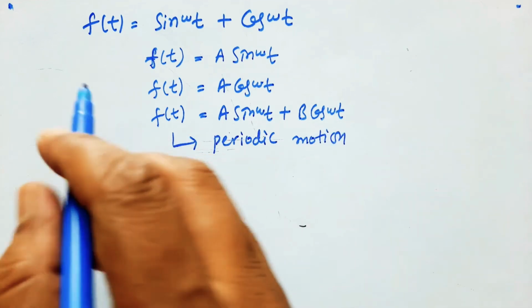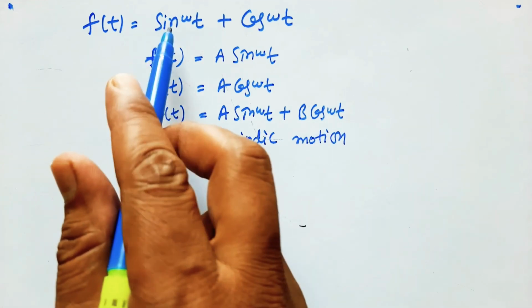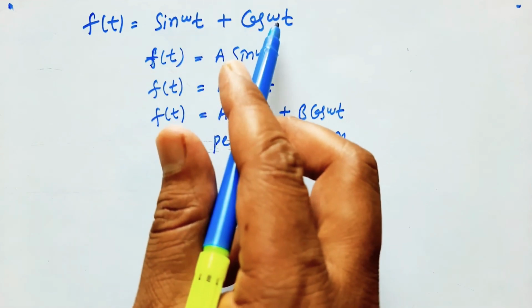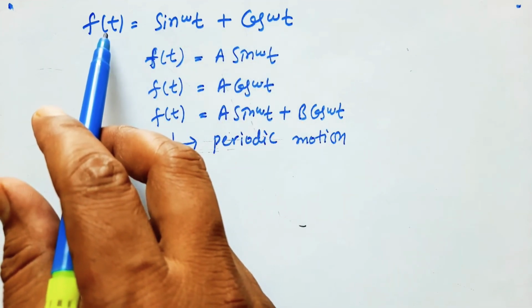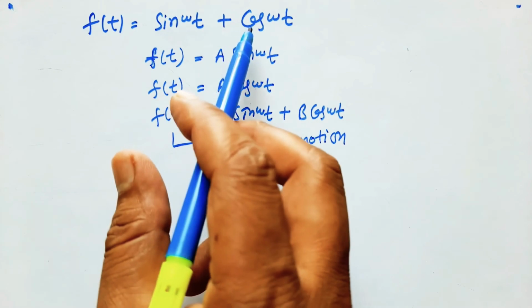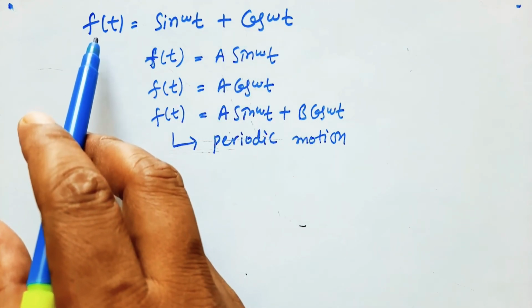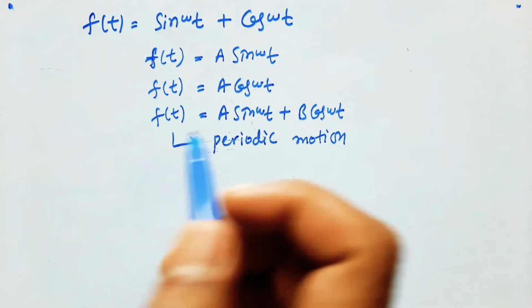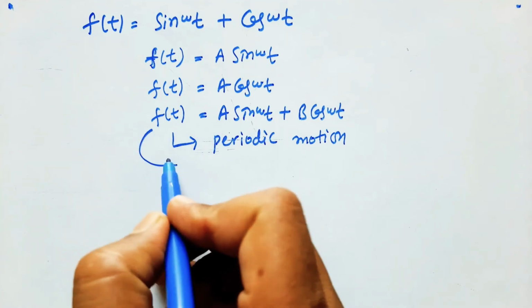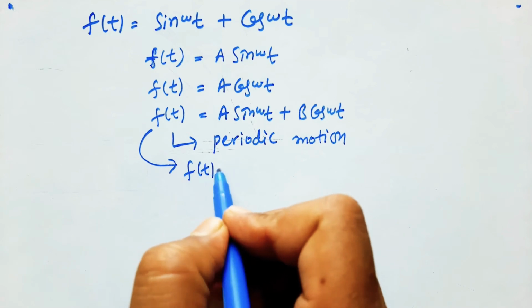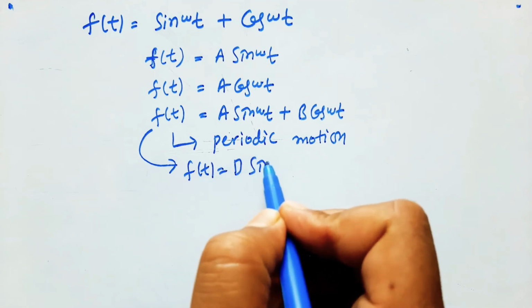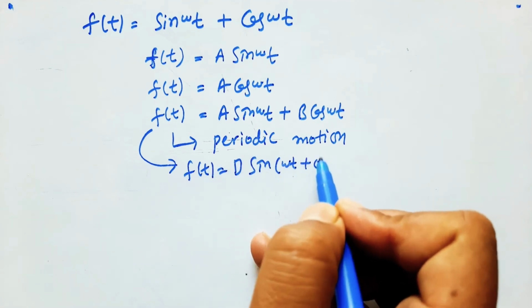So the given function f of t is equal to sin omega t plus cos omega t. This function is a linear combination of sine and cosine functions, so f of t represents periodic motion. How can we write this function? f of t is equal to d into sin of omega t plus phi.